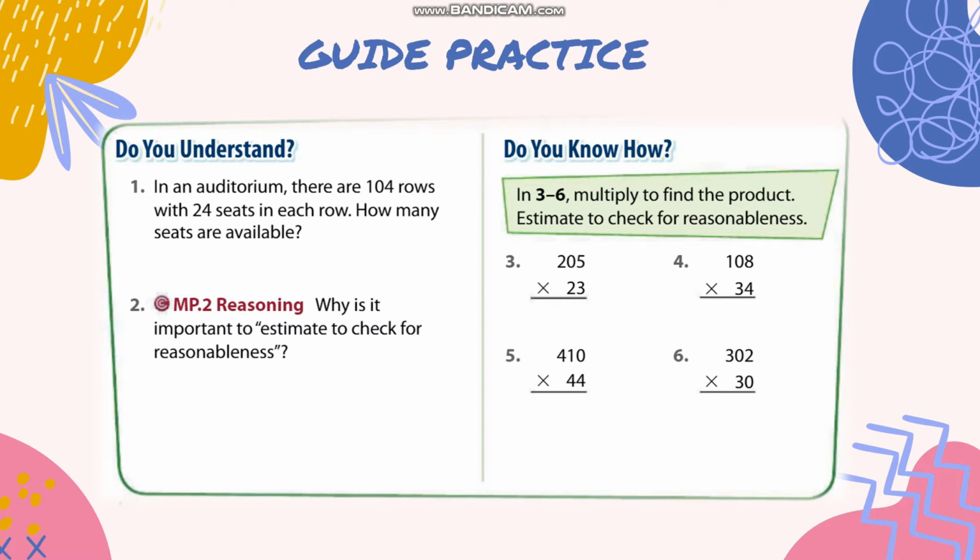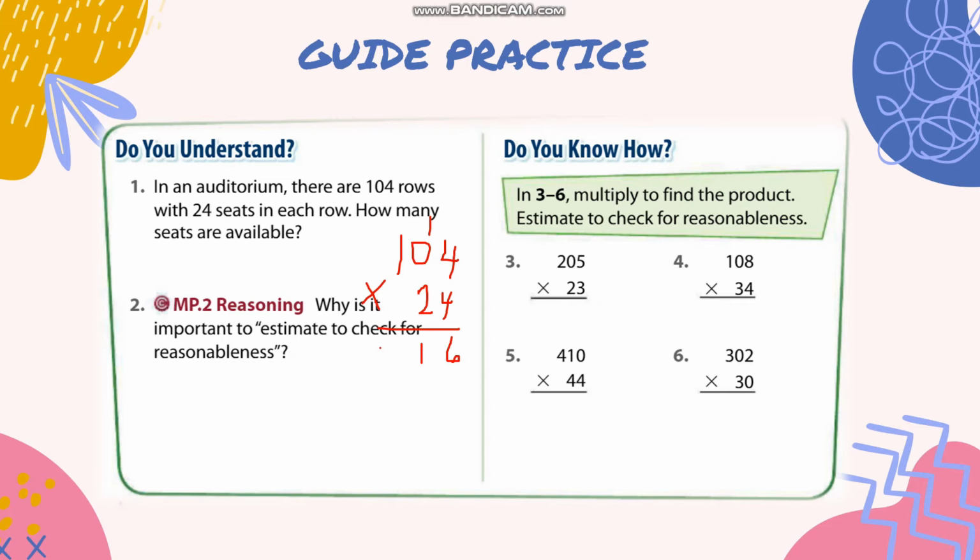Now, the guided practice. In an auditorium, there are 104 rows with 24 seats in each row. How many seats are available? If I'm going to use the standard algorithm, 104 multiplied by 24. So 4 multiplied by 4 is 16, regroup 1. 4 multiplied by 0 is 0 plus 1 is 1.